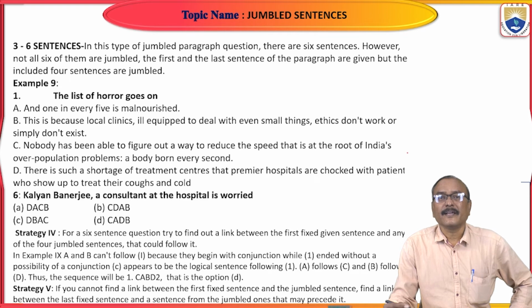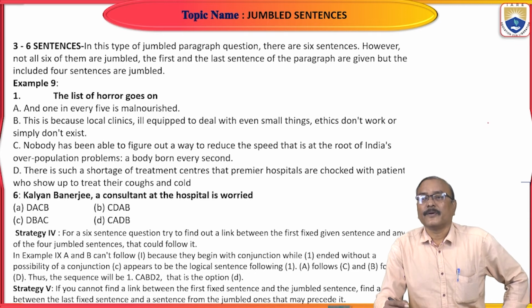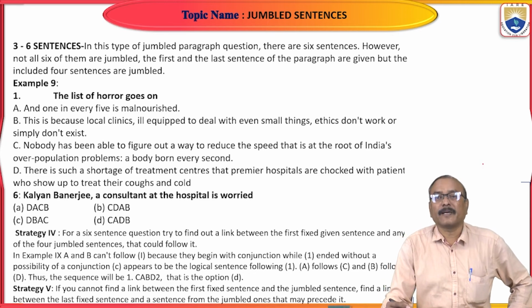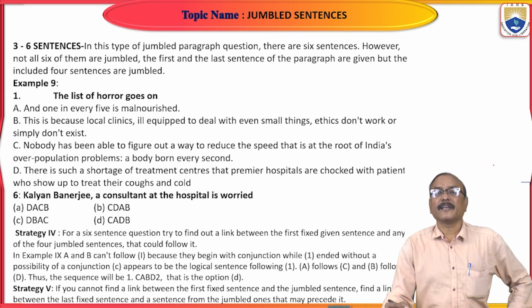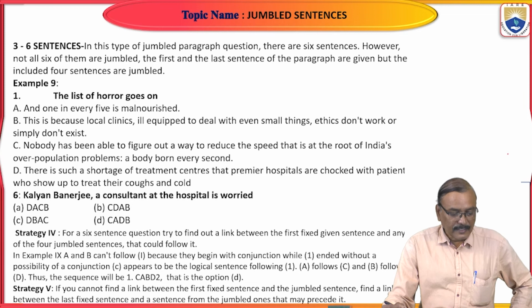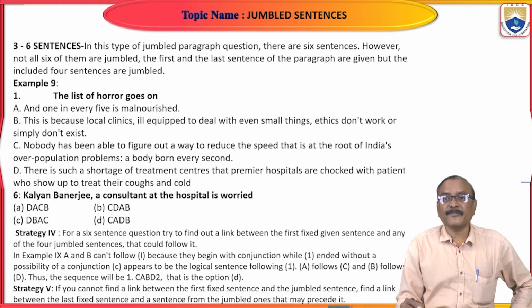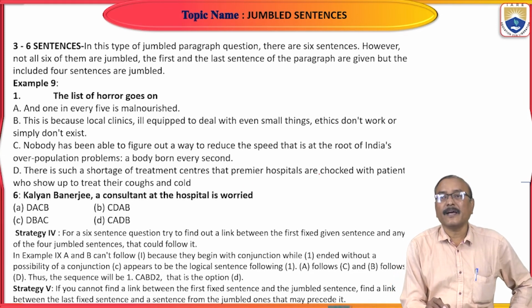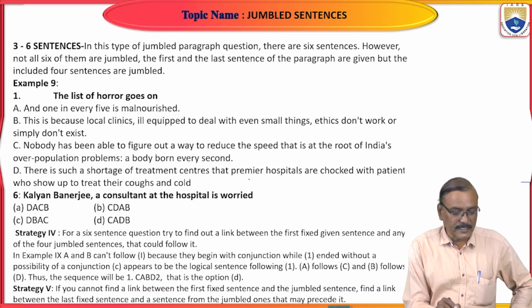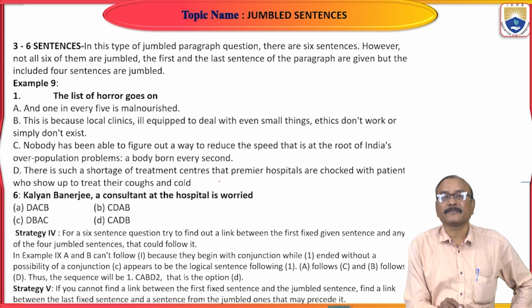Ethics don't work or simply don't exist. Next. Nobody has been able to figure out a way to reduce the speed that is at the root of India's overpopulation problems. A body born every second. Next one. There is such a shortage of treatment centers that premier hospitals are choked with patients who show up to treat their coughs and colds.